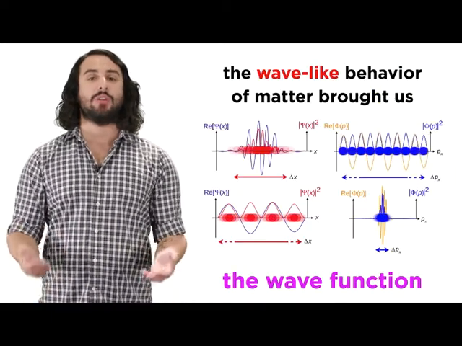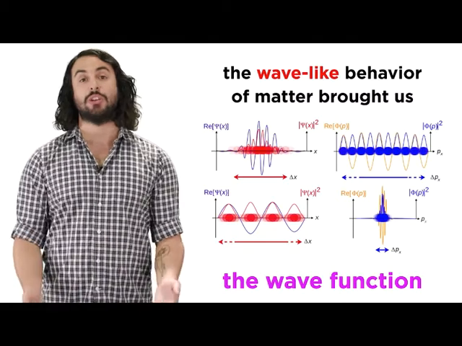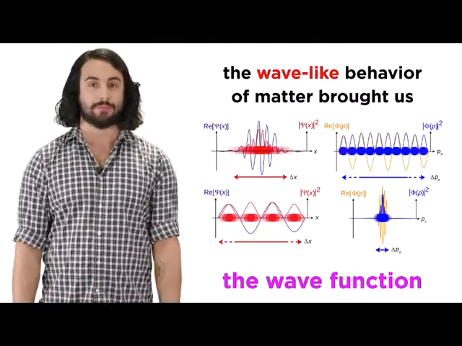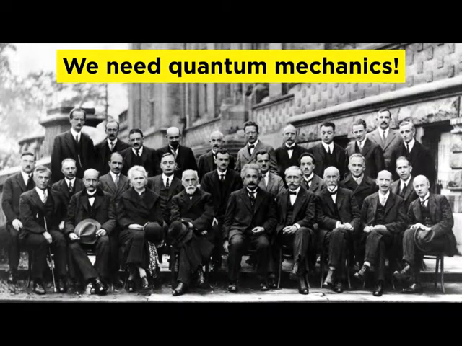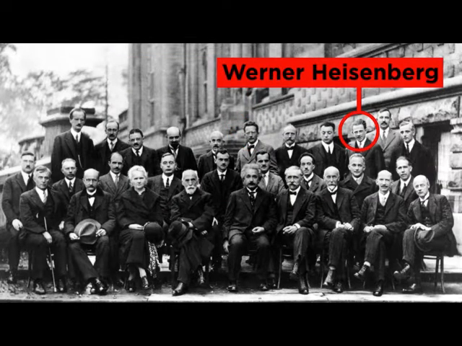But along with these waves of matter came the wave function and the quest to describe it mathematically. This would be impossible without the creation of quantum mechanics, which was achieved by a host of brilliant minds. But we will focus on two people in particular, Erwin Schrödinger and Werner Heisenberg. Let's move forward and see what they had to say on the subject.